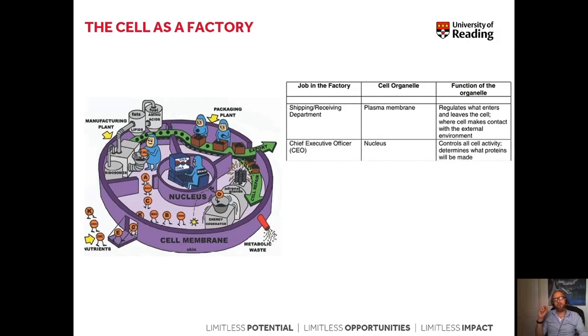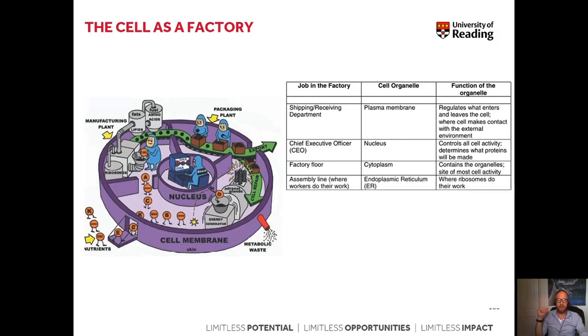The CEO would be the nucleus, because the nucleus controls all of the cell activity and determines what proteins will be made. We have the cytoplasm, which is the factory floor and contains all the organelles, the site of the most activity. We have the endoplasmic reticulum, which corresponds to the assembly line, because this is where proteins are being produced.